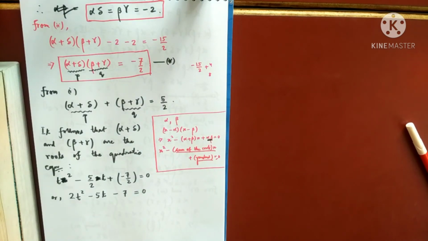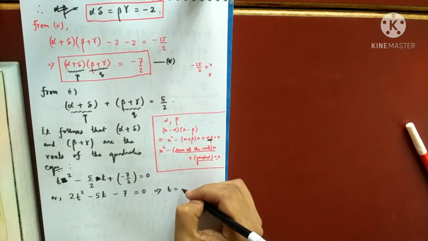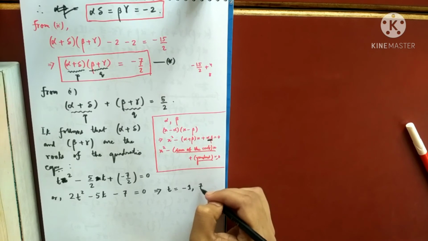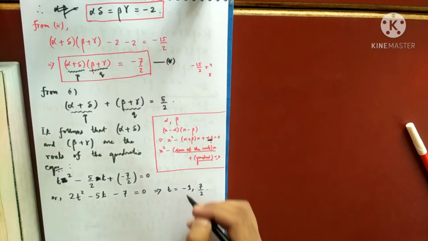Very quickly solve this quadratic. What are the values of t? You should get t equals minus 1 or 7 by 2. You can factorize this, by the way.